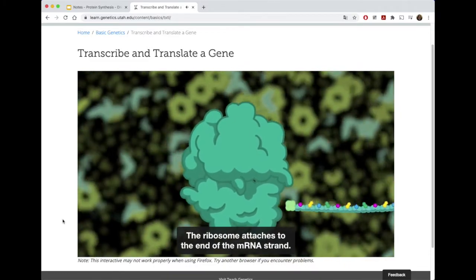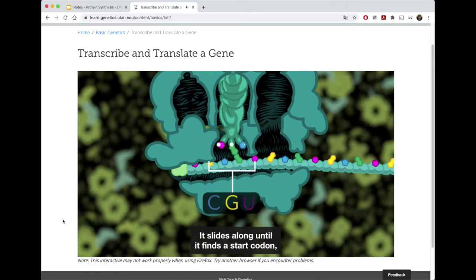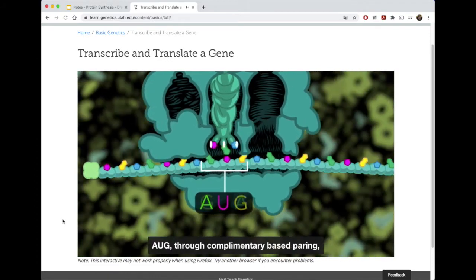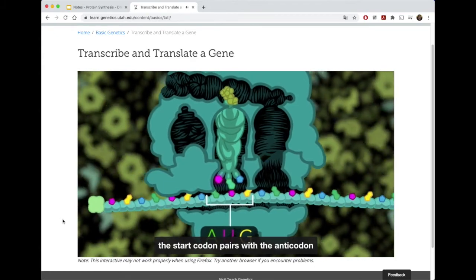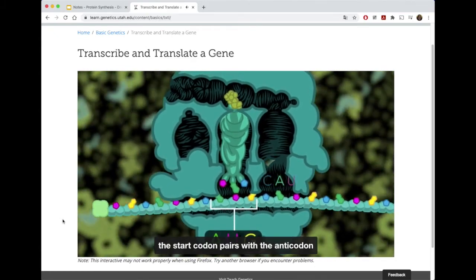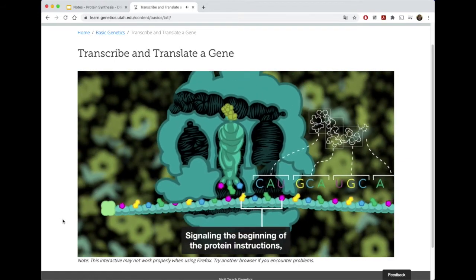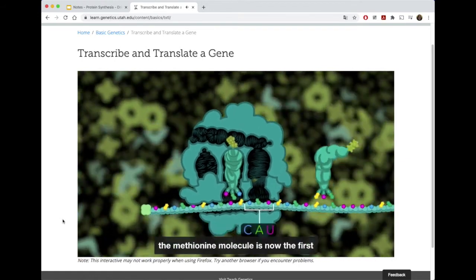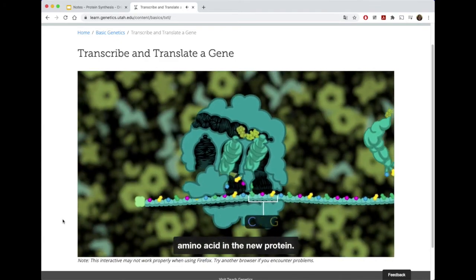The ribosome attaches to the end of the mRNA strand. It slides along until it finds a start codon, AUG. Through complementary base pairing, the start codon pairs with the anticodon on the tRNA molecule, signaling the beginning of the protein instructions. The methionine molecule is now the first amino acid in the new protein.